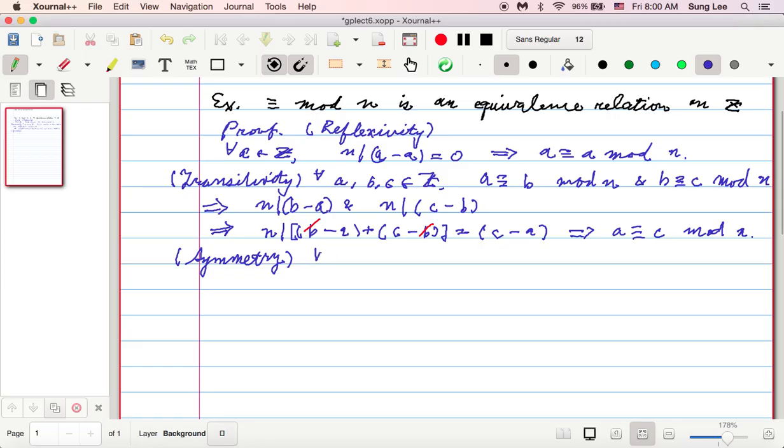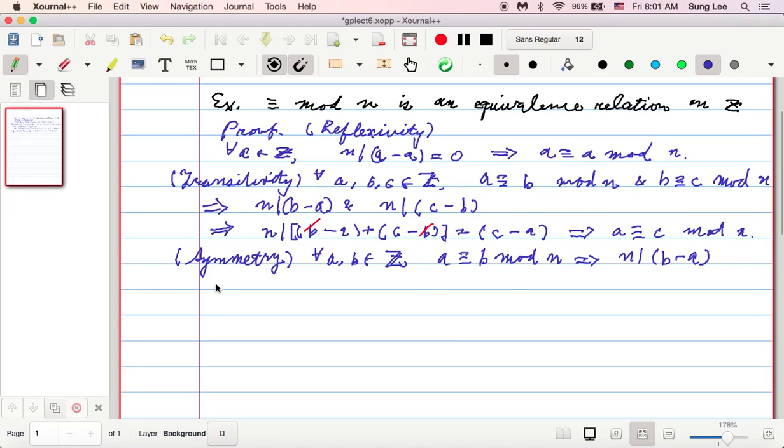So for any two integers a, b, if a is congruent to b modulo n, by definition, n divides b minus a.